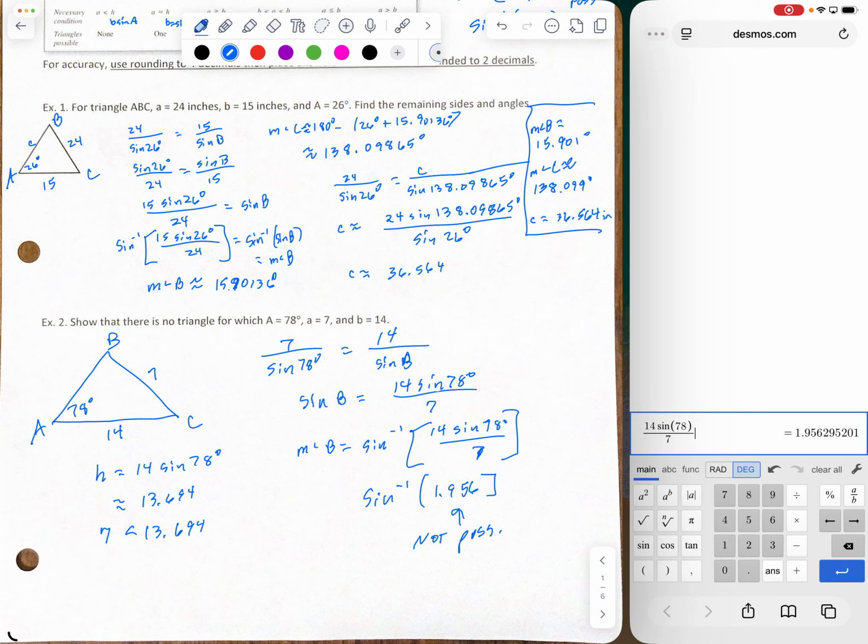So we do that. We're calculating an angle, so let's save myself the time of flipping it. Sine of 40 is to 12, as sine of C is to 14.